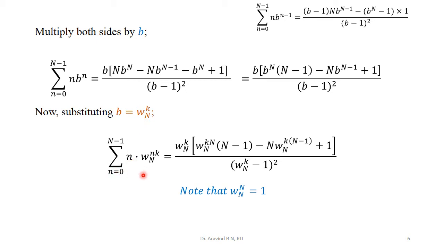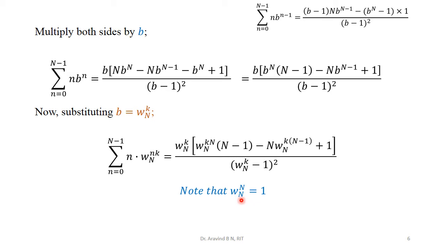This was the position where we were left. By expanding this, or making the substitution b equal to the twiddle factor, in this particular expression we get this complete realization. Now again a revisit of omega N to the power of n.